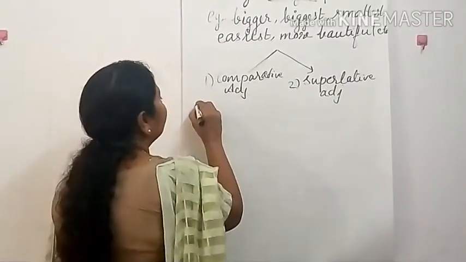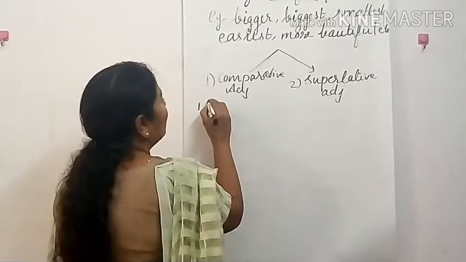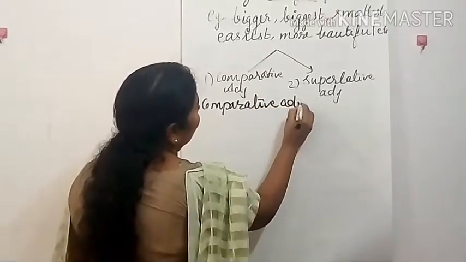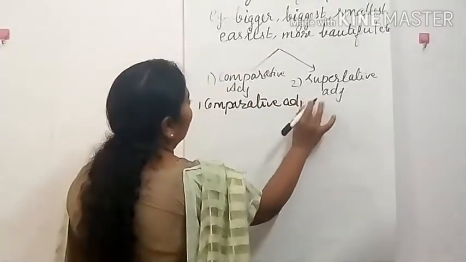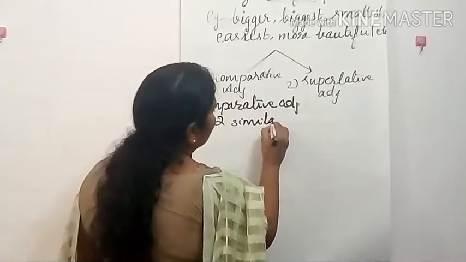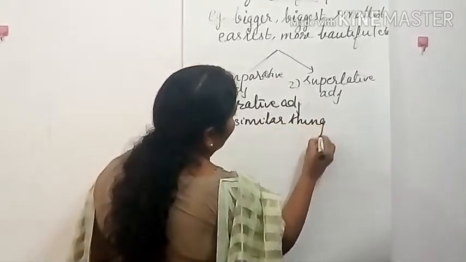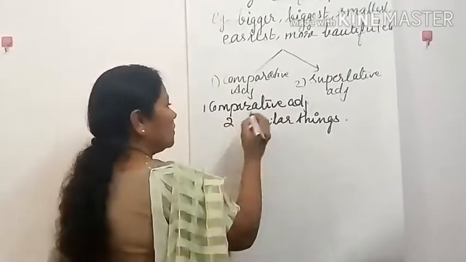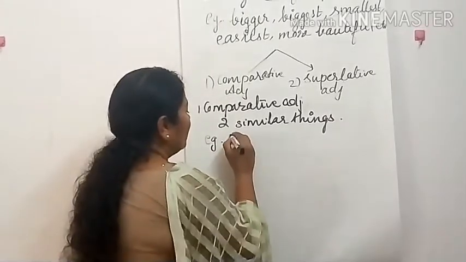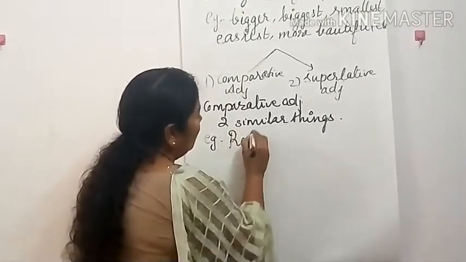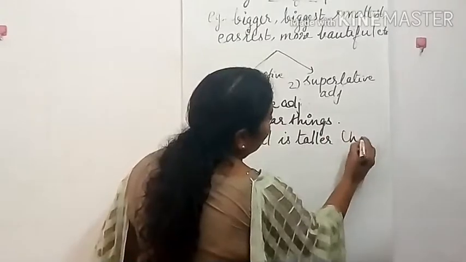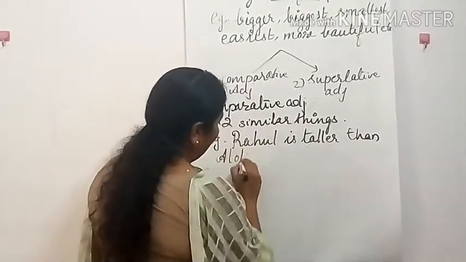For example, suppose we can say Rahul is taller than Alok.